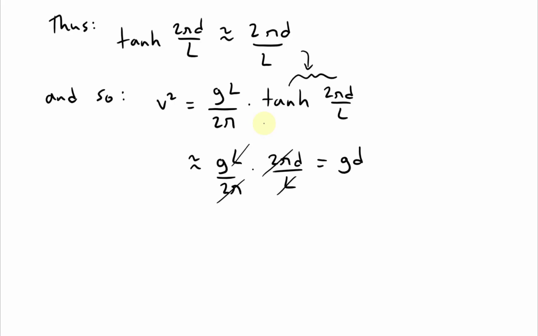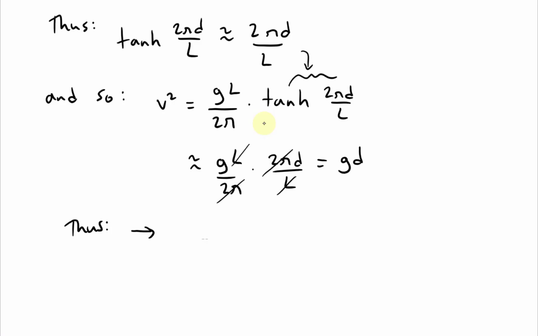Thus, we take the square root. So v squared is approximately equal to GD, and we square both sides.